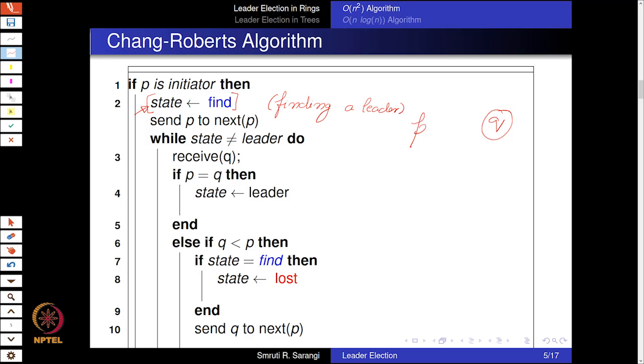What it does is that it sends its own ID to its neighbor. It doesn't matter whether clockwise or anti-clockwise, you choose a direction, and it sends its own ID to its neighbor.